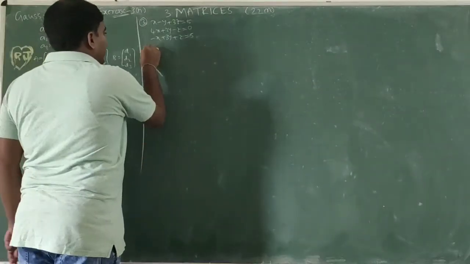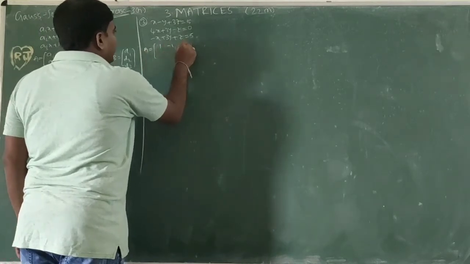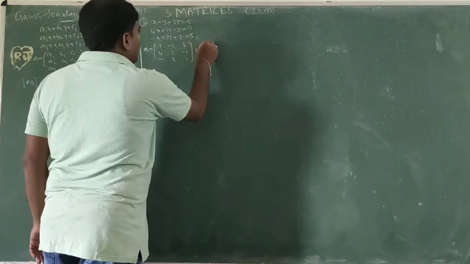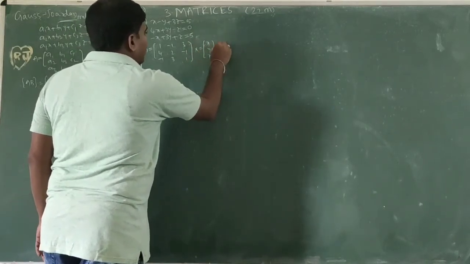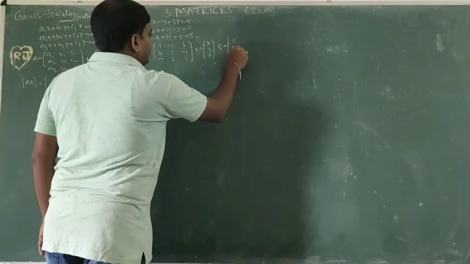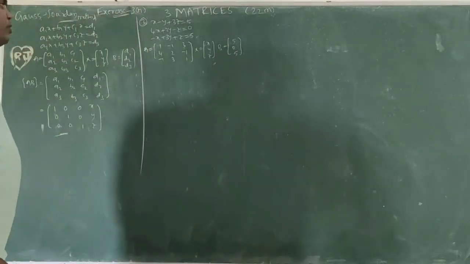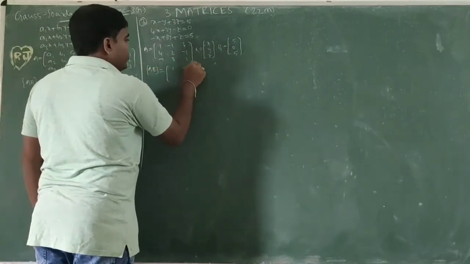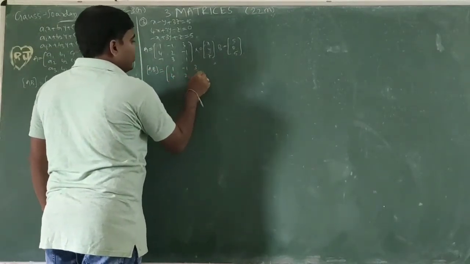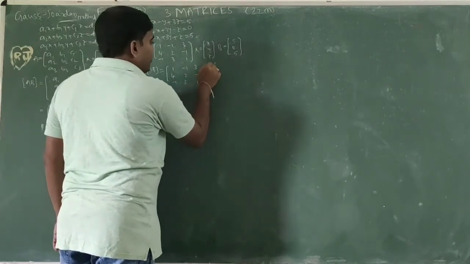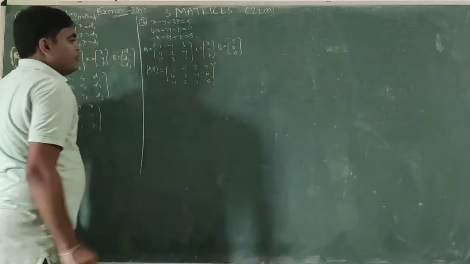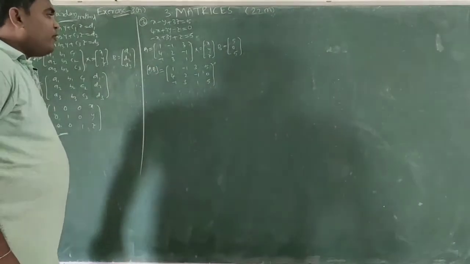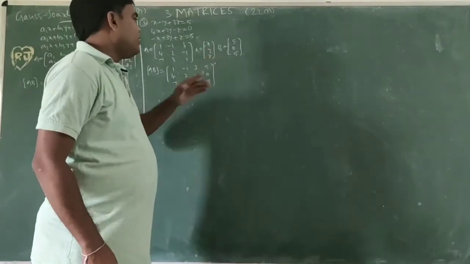Okay, so now A equal to the coefficient matrix 1 minus 1 3, 4 2 minus 1, minus 1 3 1, X equal to x, y, z, B equal to 5 0 5. I want to write the augmented matrix [A|B]: 1 minus 1 3, 4 2 minus 1, minus 1 3 1, 5 0 5. Okay, so this is the augmented matrix. Up to this one is A, this is [A|B].